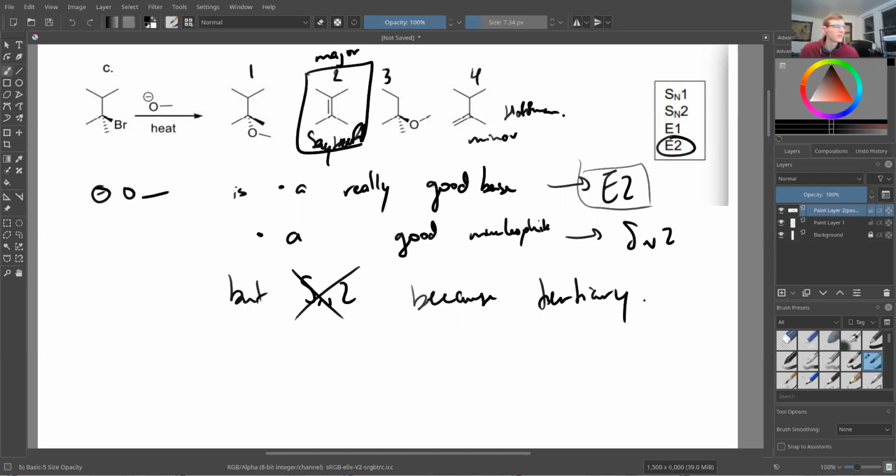I mean, no, for all intents and purposes, no. If you were given a problem like this and you put SN1, they would mark it wrong. So I'll just say no. Just because E2 will happen so much faster and so much more favorably that it's not going to be SN1. Okay.